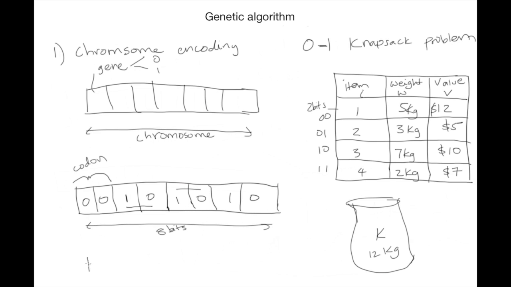Another better way of representing the solution is to consider each gene within this chromosome as an indication of whether an item is going to be present or absent from the knapsack.